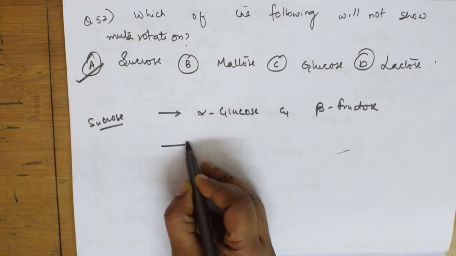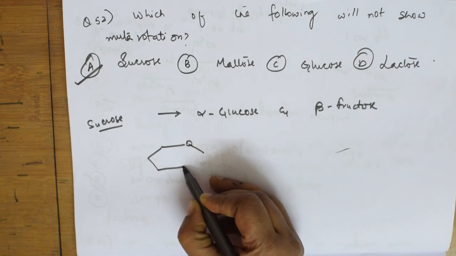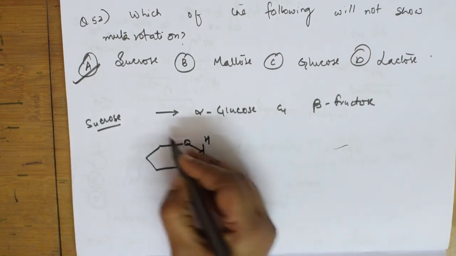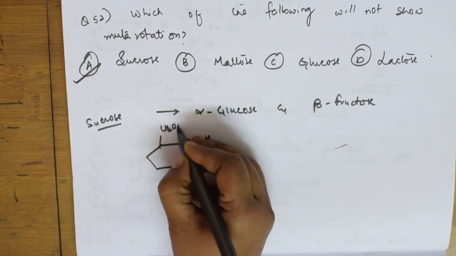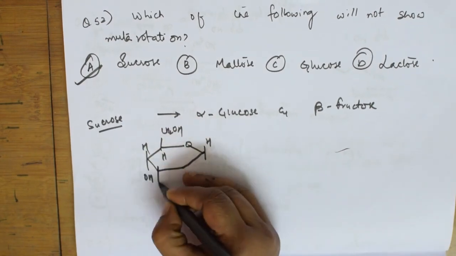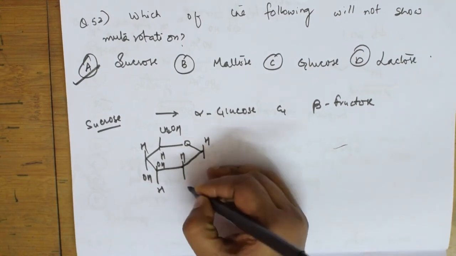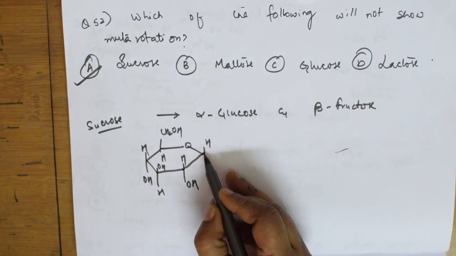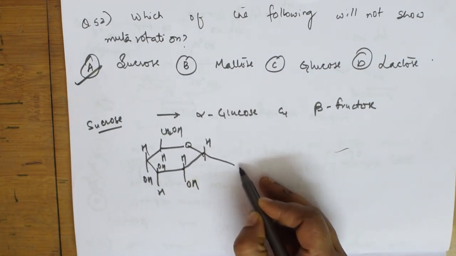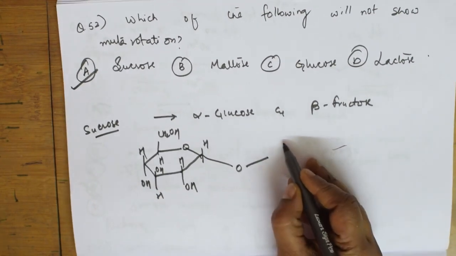What is alpha glucose? Hydrogen, CH2OH, hydrogen, H, OH, OH, H, H, OH. This is hydrogen, which is forming a glycosidic linkage. Now this is alpha glucose. Now I am drawing beta fructose.